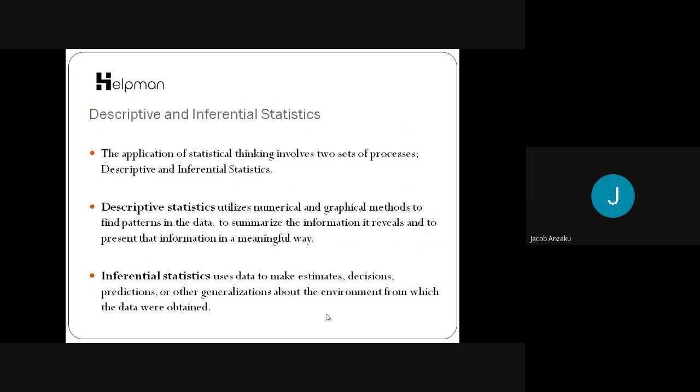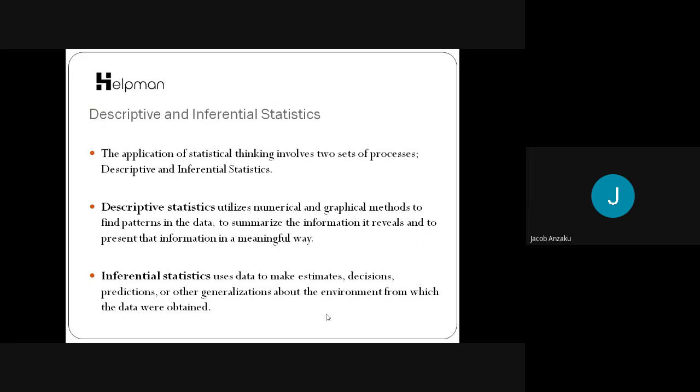Maybe we are looking at the number of customers who buy a certain product. Let's say in a day, people who buy bread, maybe 10, and then people who buy milk, 5. So we can use descriptive statistics to show the pattern that the data follows.